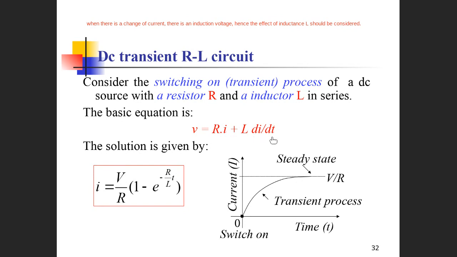L di/dt is the voltage induced by the inductor, always against the source. When the current does not change, this term is zero. That's the DC circuit, that's Ohm's law. But actually this is also Ohm's law. In the next chapters, we'll talk about this one.